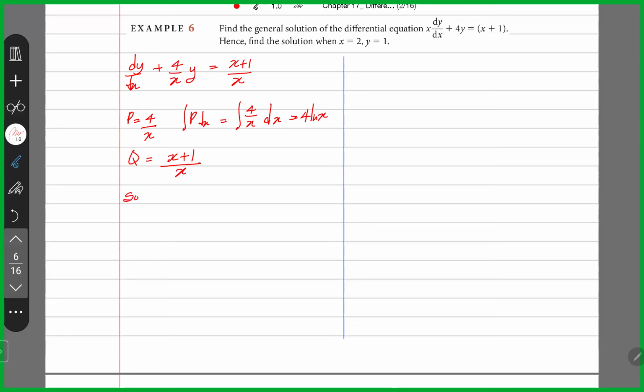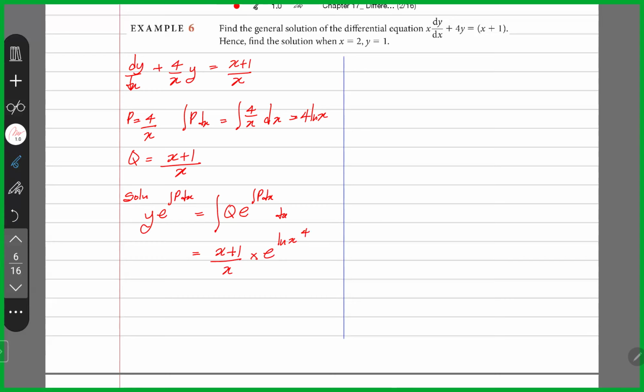And our solution is going to be y e to the integral of p dx, which is equal to the integral of q e to the integral of p dx dx. This becomes x plus 1 over x times e to the ln x to the 4th power.